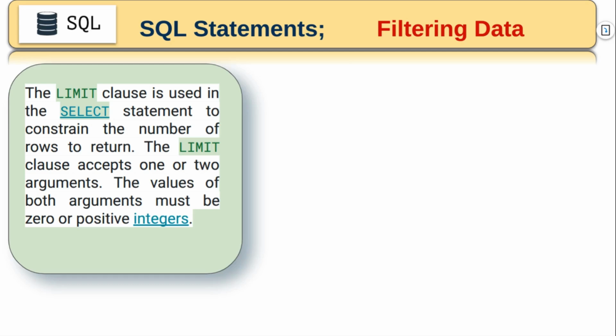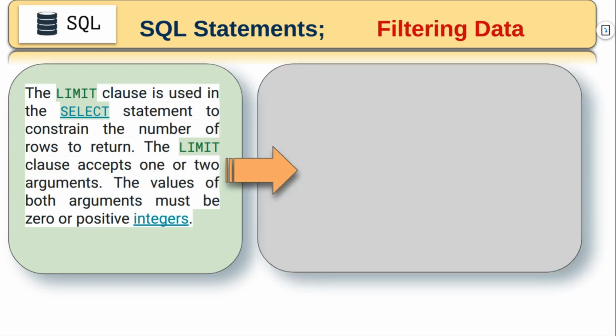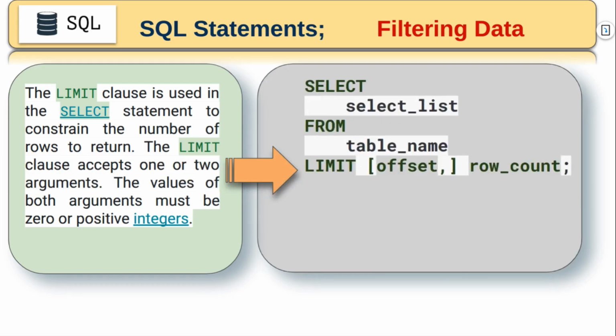Let's see the syntax, that means how we will use it. Under the select clause will be the columns that we want to display, and under the from clause will be the table name, from which table those columns will be displayed.